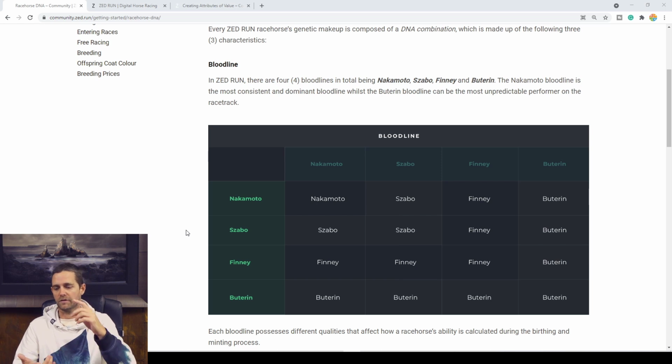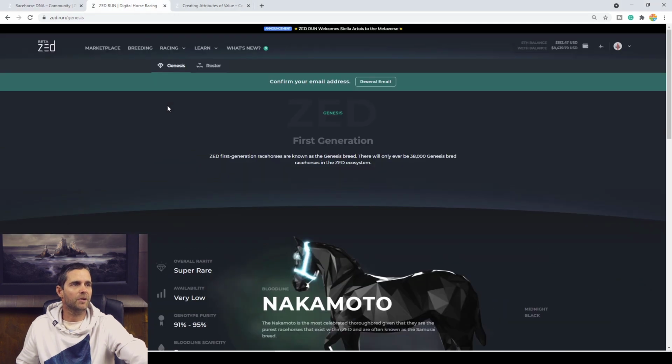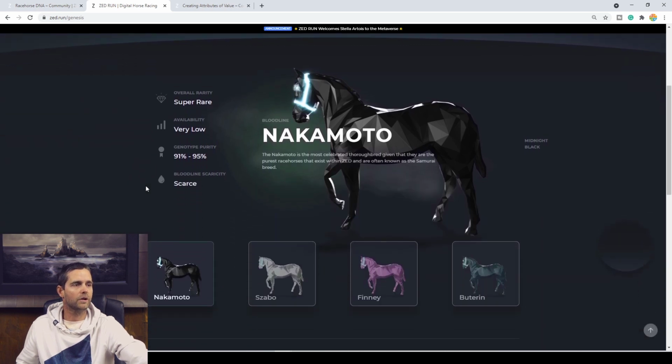The bloodline refers to the four bloodlines within Zed Run. You've got Nakamoto, Zarobos, Finis, and Buterin. If we jump over to the Zed Run website quickly before we come back to this little table, go to zed.run and then click on the Learn tab, and click Genesis Racehorses, and it will give you a little bit of an insight into these four bloodlines.